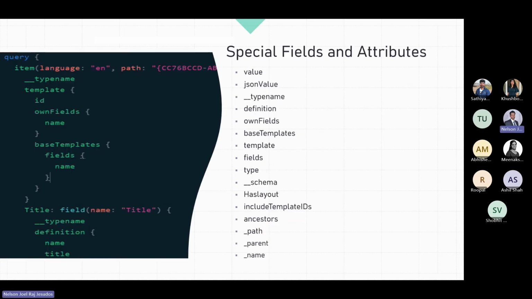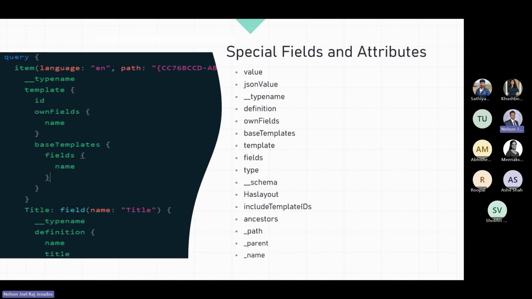Now these are special fields and attributes. These are a couple of attributes and fields available for us for querying: value, JSON value, type name, definition. Value is basically a raw value. Whatever data you want to query, that will give you a raw value. By default, text is text, right? But think in terms of a date field, it will give you a raw value.